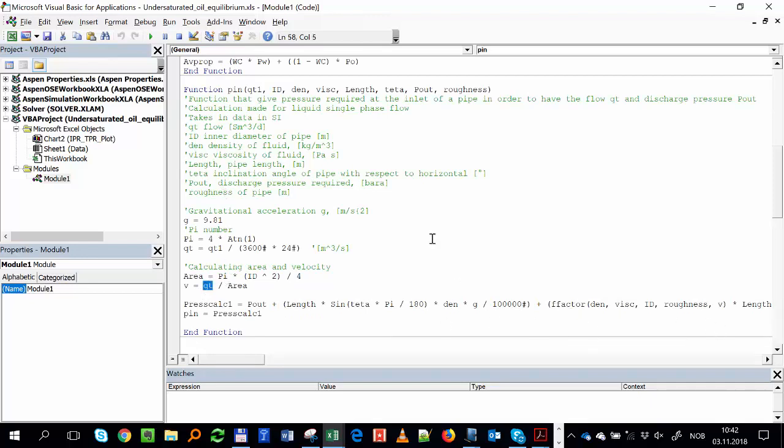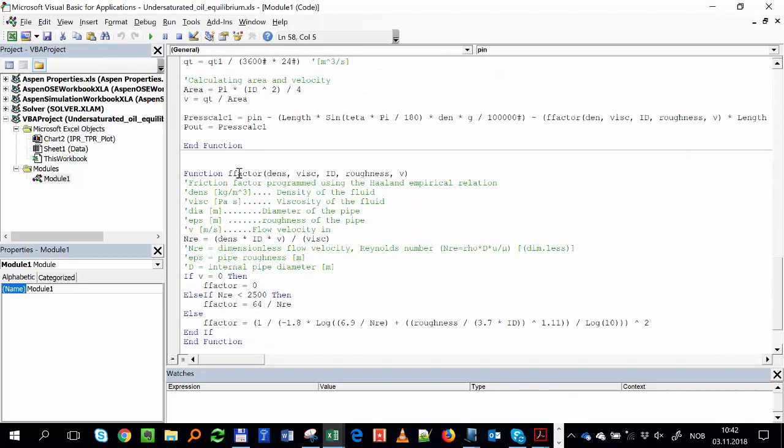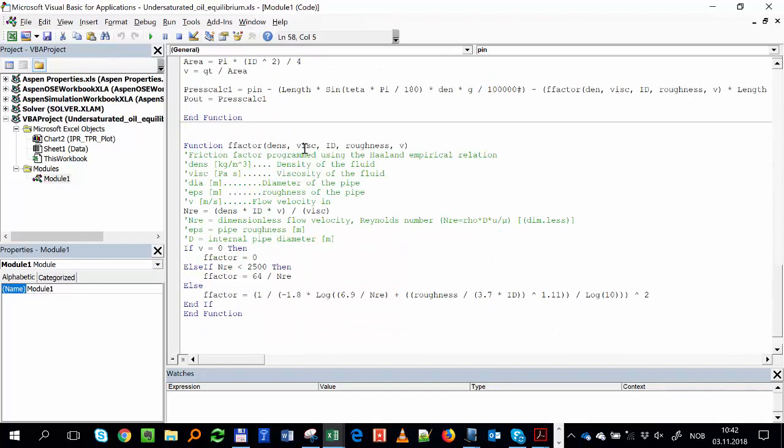This is a bit more complex function, because it is calling another function inside. So let's see the friction factor function. Let's go down. Friction factor requires all the things to calculate the Reynolds number and uses Holland.